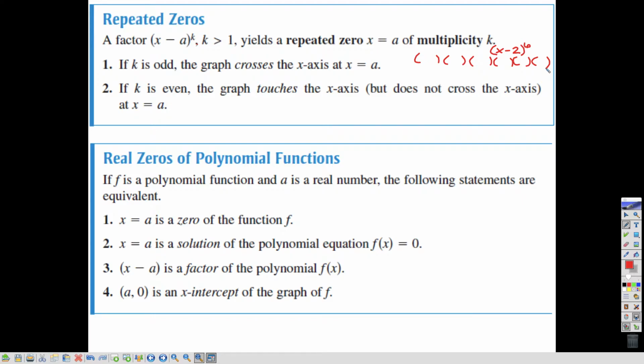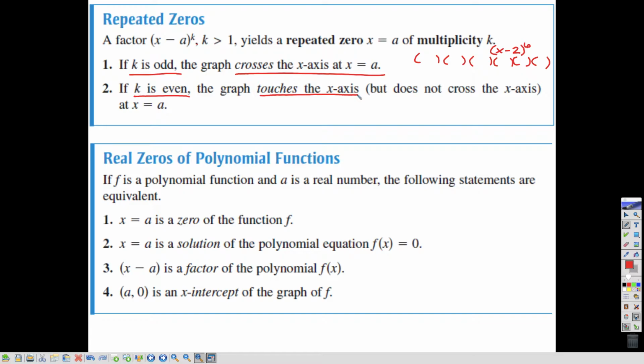If k is odd, if your power is odd, the graph crosses the x-axis at x equals a. If k is even, okay, so odd crosses the x-axis, yes? If it is even, the graph touches the x-axis but does not cross.